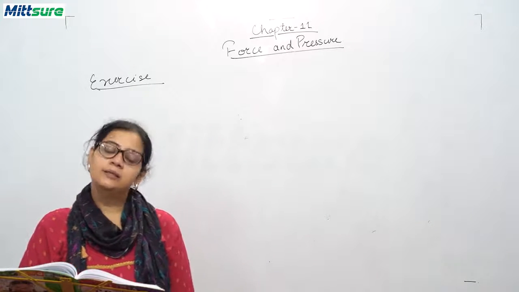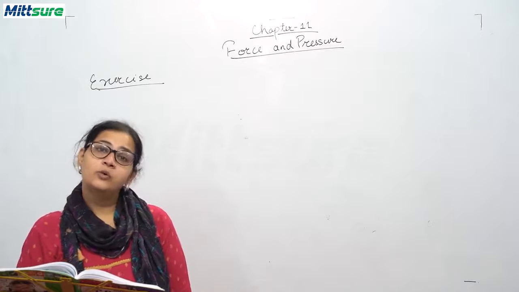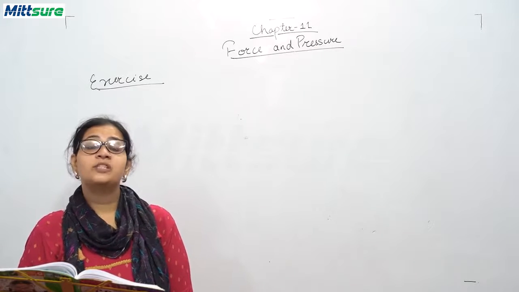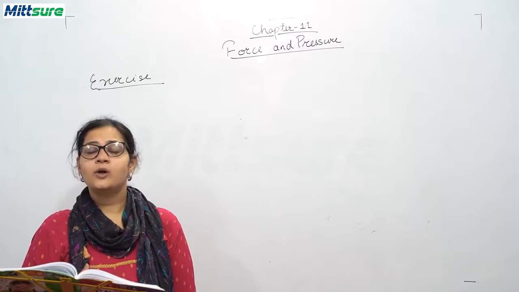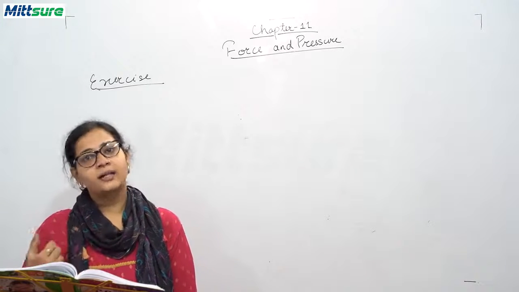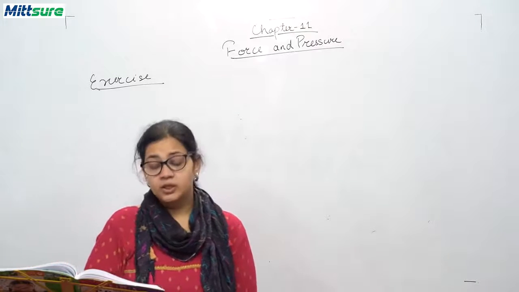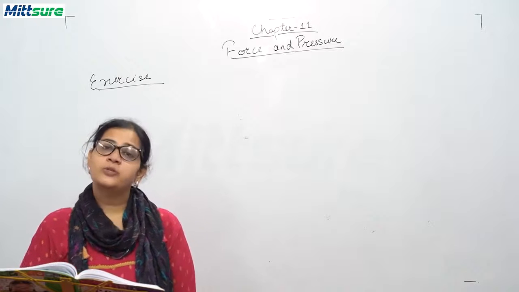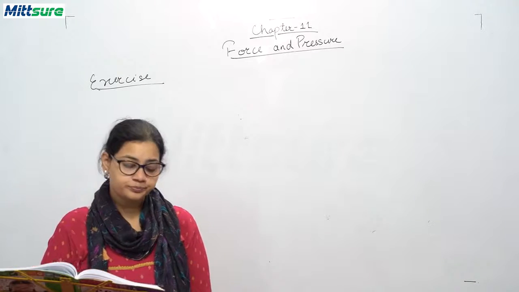Now second, gravitational force. The gravitational force is a non-contact force which is present between two objects, where one object attracts the other object towards it. Third, friction. Friction is a force between two objects which opposes its motion.